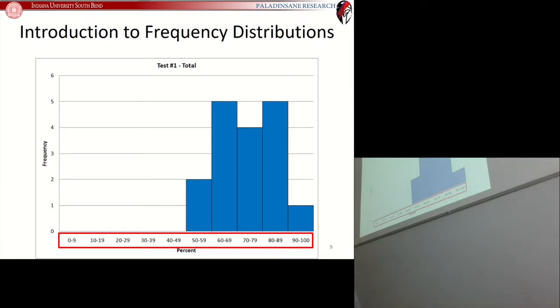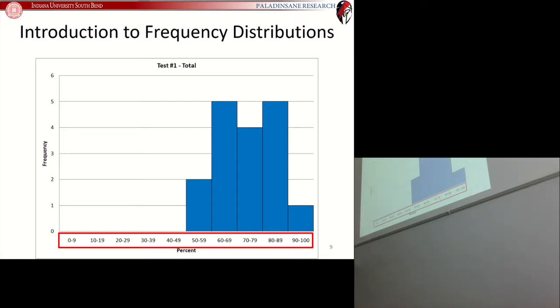And then what this frequency distribution here is visualizing is how many individuals achieve each of those scores. So the height of the bars indicates how many people that we measured scored that particular score. First, we can see that the places where there are no bars, nobody recorded those scores.